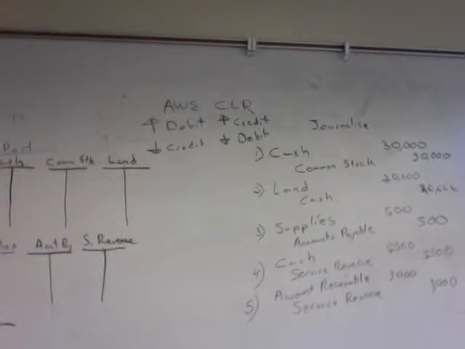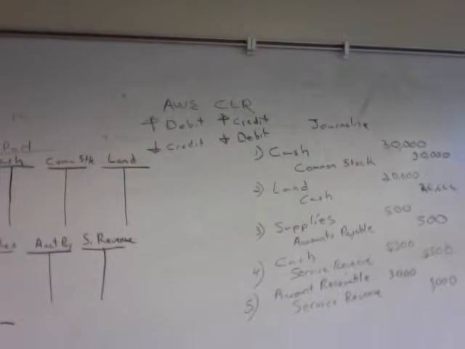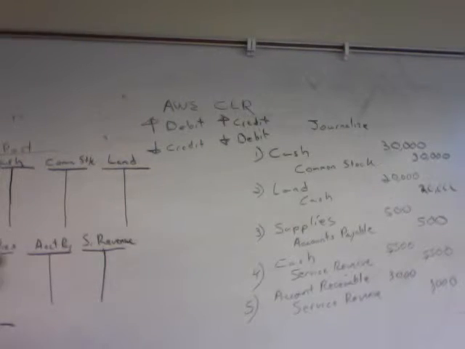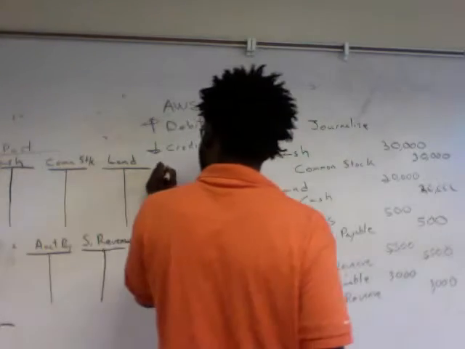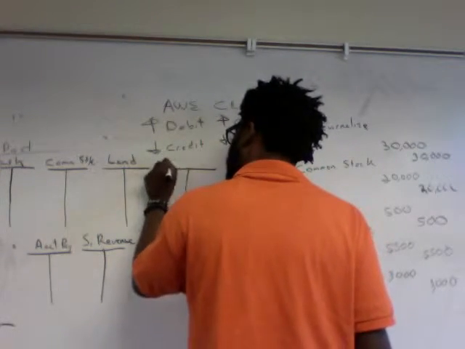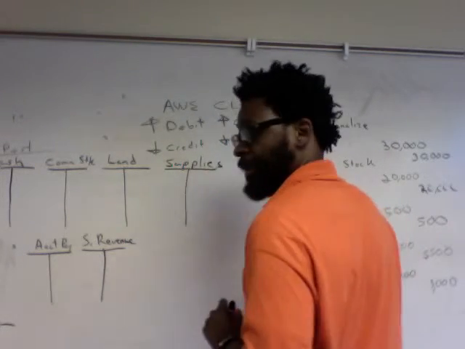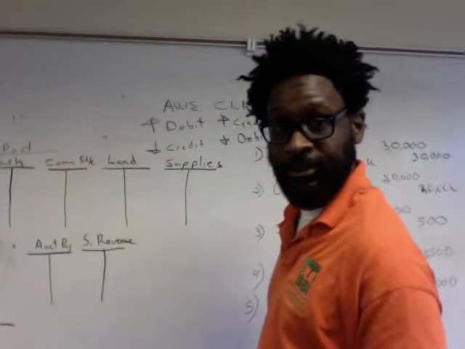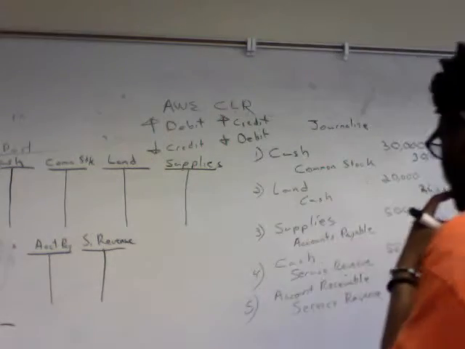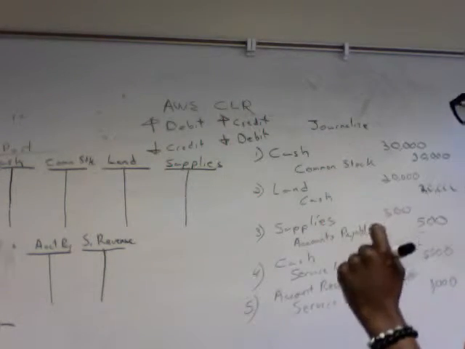Can we see accounts receivable over there? Let's see, where are we? So you can't see supplies. So what I'll do is put supplies right here. And what are we missing? We have service revenue, we have accounts receivable.